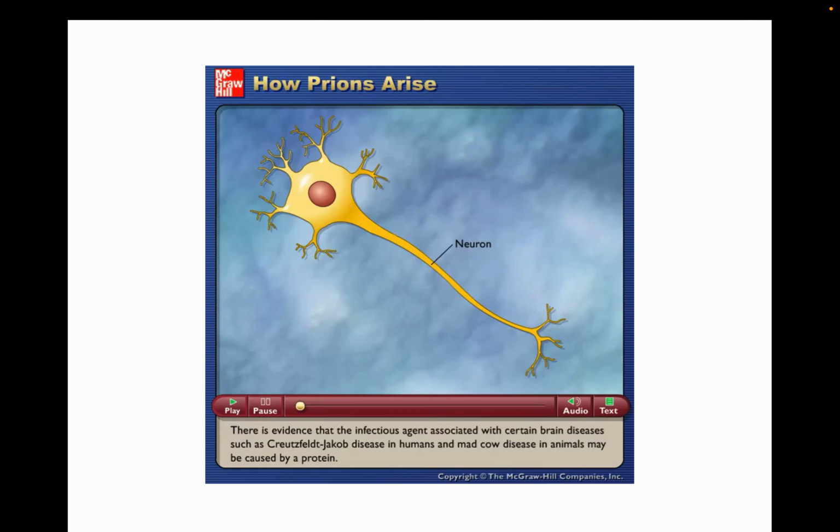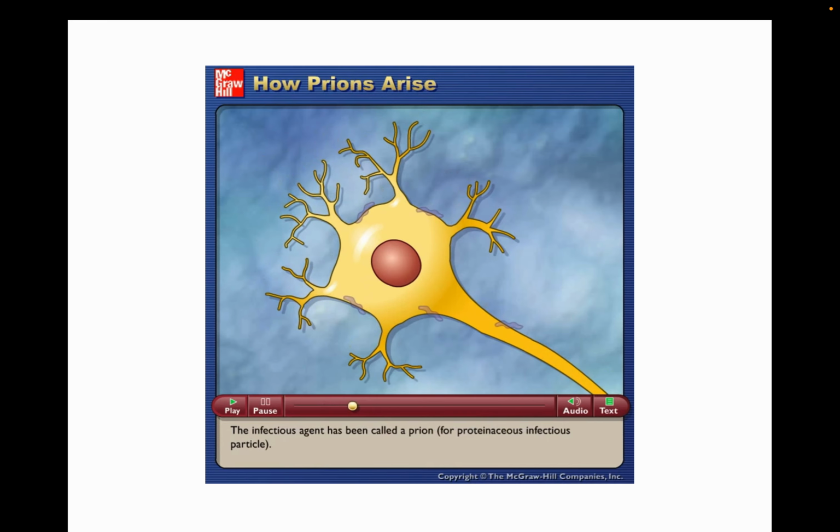There is evidence that the infectious agent associated with certain brain diseases, such as Creutzfeldt-Jakob disease in humans and mad cow disease in animals, may be caused by a protein. The infectious agent has been called a prion, for proteinaceous infectious particle. The normal prion protein, PRPC, is bound to the surfaces of neurons, and the gene for PRP is present in normal vertebrates and invertebrates.